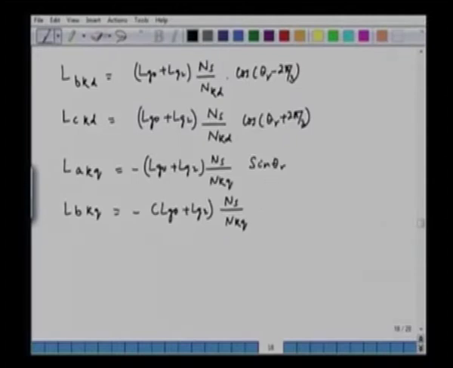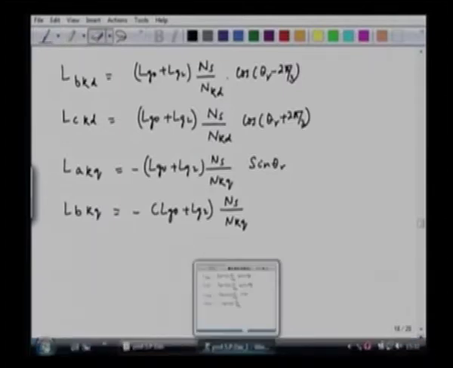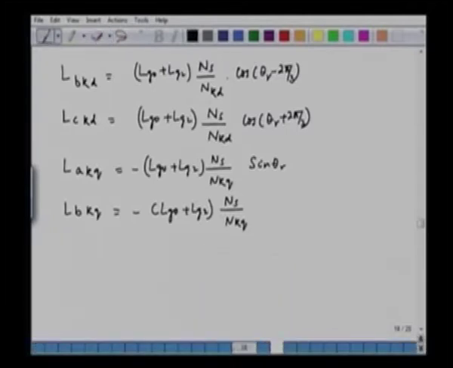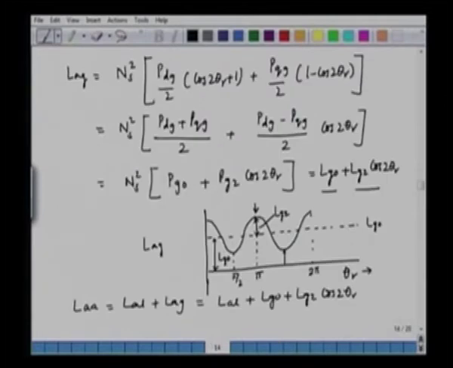Here there is a very interesting thing to note, that the inductance in the q axis is not Lg0 plus Lg2. It is in fact, if we see a little before, Lg0 minus Lg2.